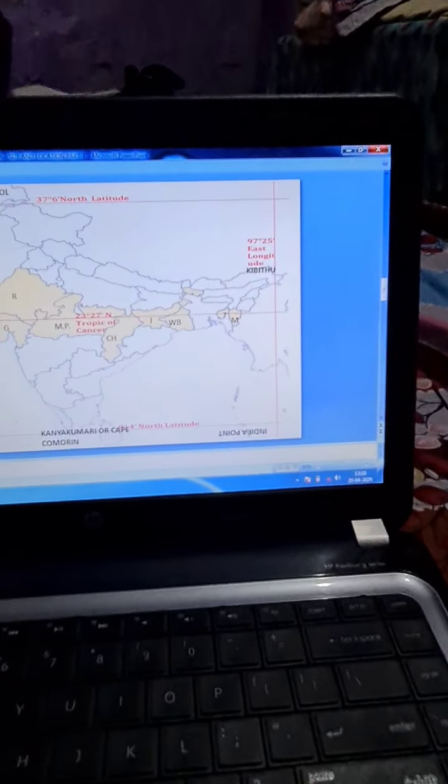Now the southernmost point of India is Indira Point, which was submerged underwater due to the tsunami which took place in 2004. But when we talk about the southernmost point of the Indian landmass, always remember that it is Kanyakumari or Cape Comorin.